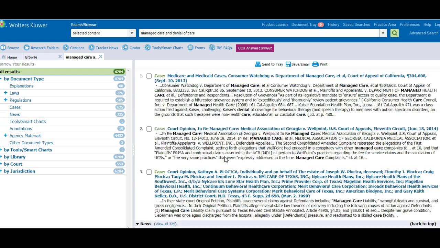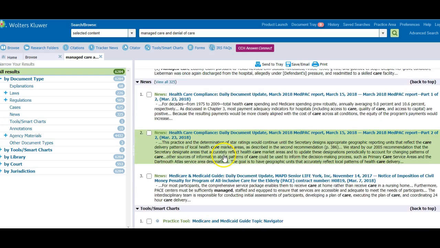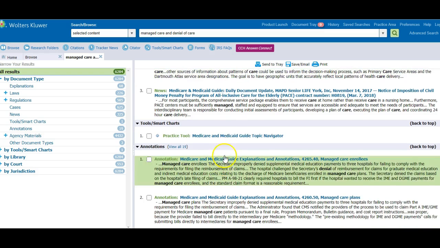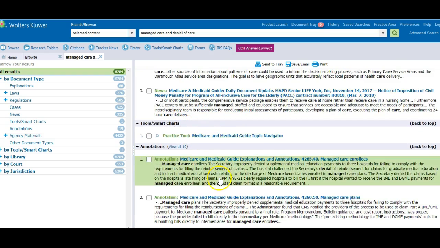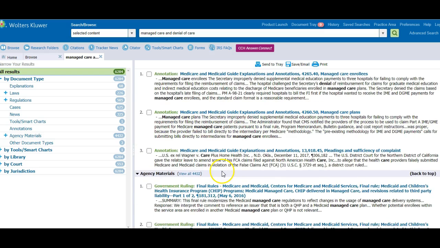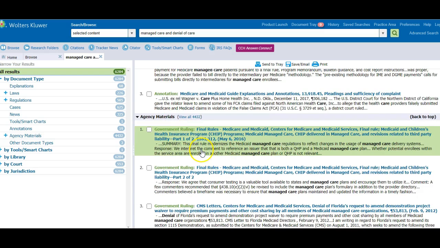You see regulations and cases, we're familiar with all of this, some news, and then some possible practice type resources. So a smart chart, we have to take a look and see if that was any useful. So here's some agency material. So again, pulling together all of the different primary sources as well as secondary sources that we have talked about.